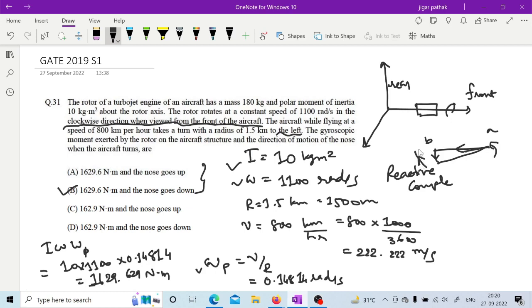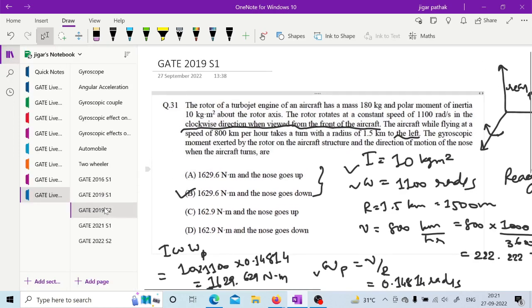So this is how, because see here this reactive couple is in this direction, it means about this particular third axis it will be in this clockwise direction, right? That is why it is going away in this particular direction, right? So this is how you are having this nose down and this tail up, and nose down because of this particular reactive gyroscopic couple, right?